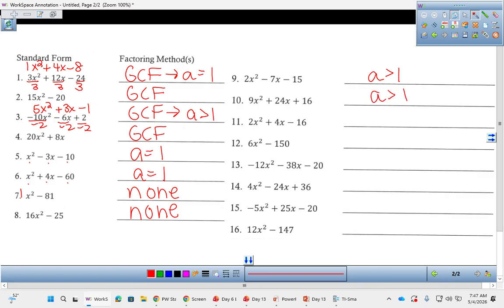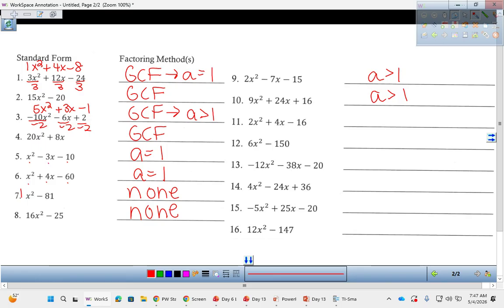I can't get rid of that 9 to make it A equals 1. Not all of these numbers will divide by 9, right? And they don't all have something in common. I can't divide a 4 out of them. I can't divide a 3 out of all of them because 16 doesn't go into 3. Can't divide a 2 out of them because 9 doesn't go into 2. So there's no GCF here. It's just A is greater than 1.